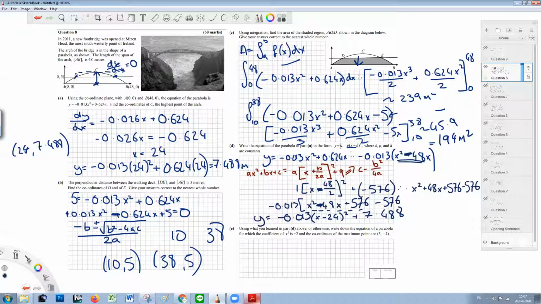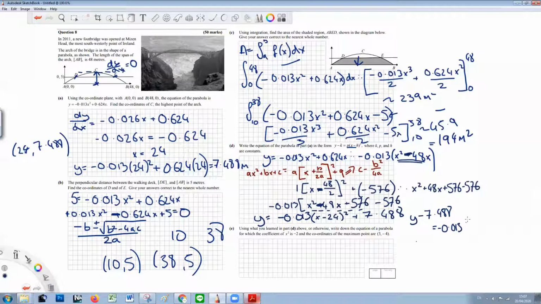So I wanted to get it in this form, so I'm going to just bring that across. So it's y minus k, so it's y minus 7.488 is equal to, and that's just going to be that. So it's minus 0.013 times x minus 24 all squared, and when we have that in it, we have it in the correct format.